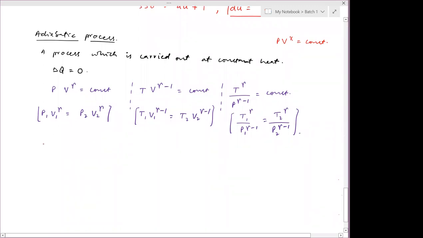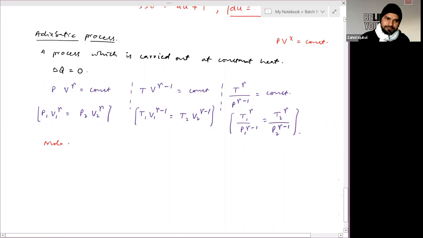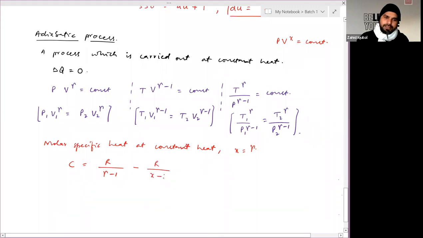So molar specific heat at constant heat when X is gamma. So C equals to R by gamma minus 1 minus R by X minus 1.